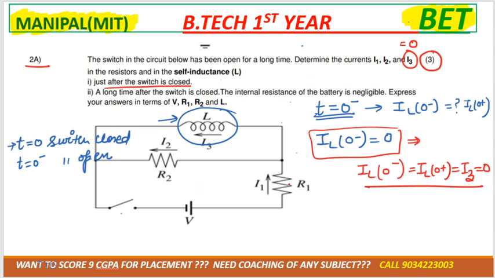But it's not the same for the resistor. At t equals 0, the switch is closed, and if the switch is closed, that means the current goes from here to here, because through the top branch no current is going, that is 0. So can we say that at t equals 0, I1 is equal to I2? Yes or no?